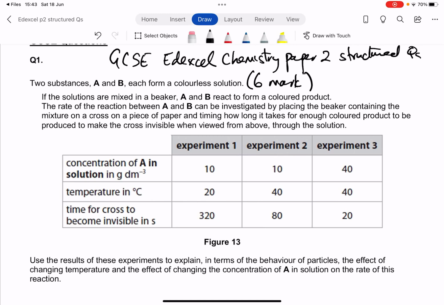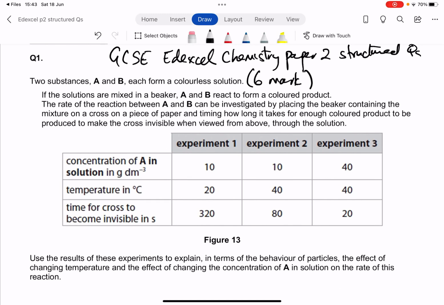So the first question I have chosen is where you have two substances which are mixed in a beaker. When you are attempting 6-mark questions, what I would do is read the question. It's a rate of reaction question.